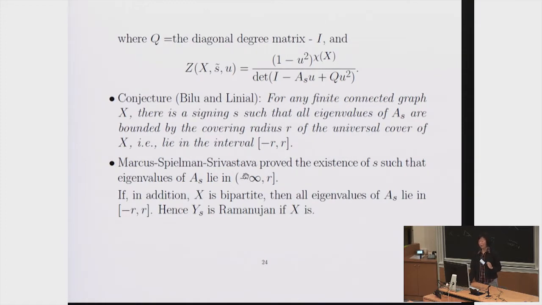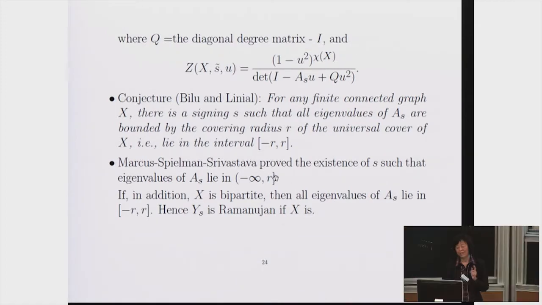What Marcus, Spielman, and Srivastava did is that they proved this conjecture, but halfway. They proved the upper bound. For any graph X, you can find a signing S such that all the eigenvalues lie in the interval from minus infinity to R. But if the graph you start with is bipartite, then all the eigenvalues are symmetric about the origin, so having the upper bound is the same as having the lower bound.